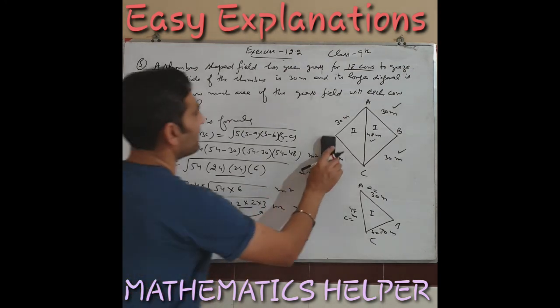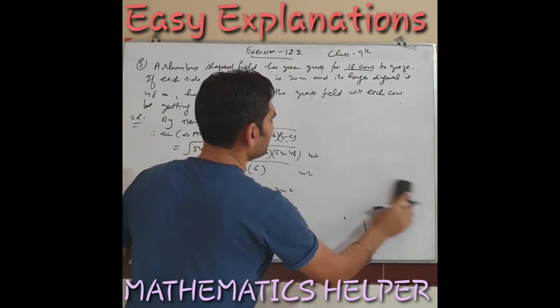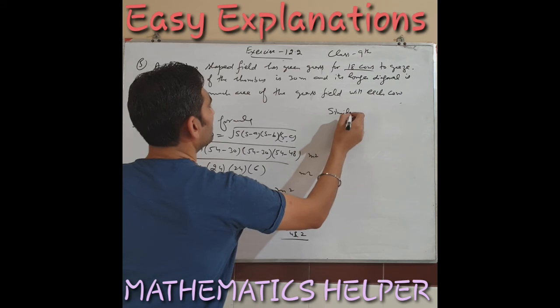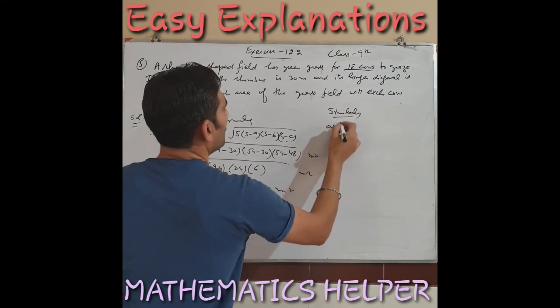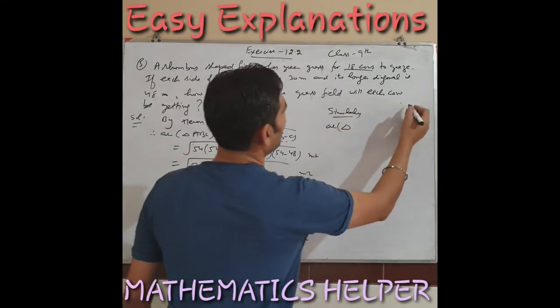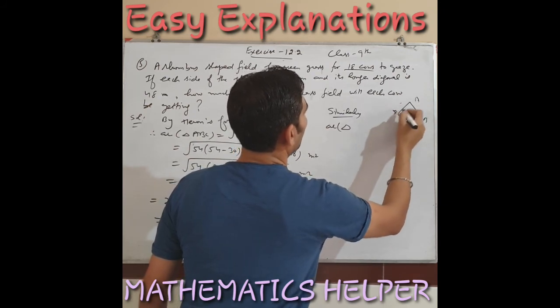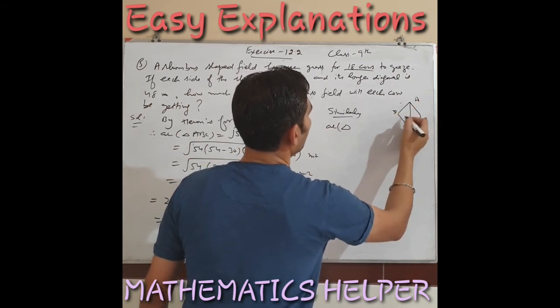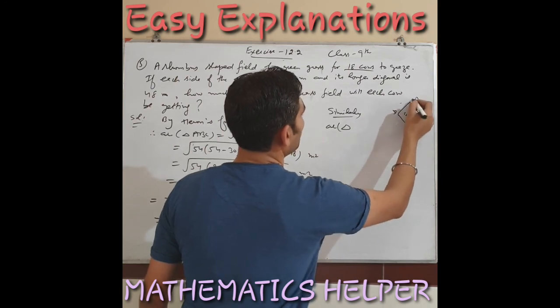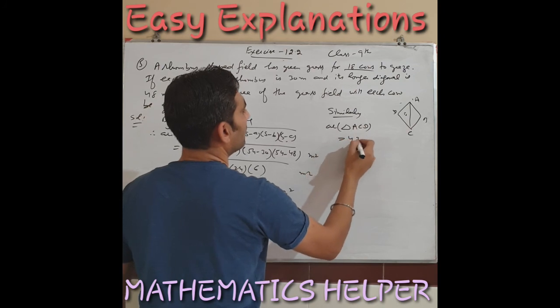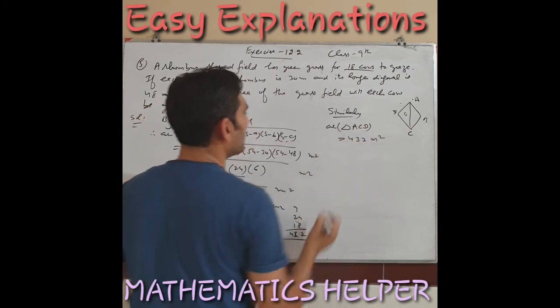Now you can mark similarly. We can complete it easily now. We have to write similarly the area of triangle number 2, which is ACD, marking AC. So the name of part number 2 is ACD. Area of triangle ACD is again 432 meter square.